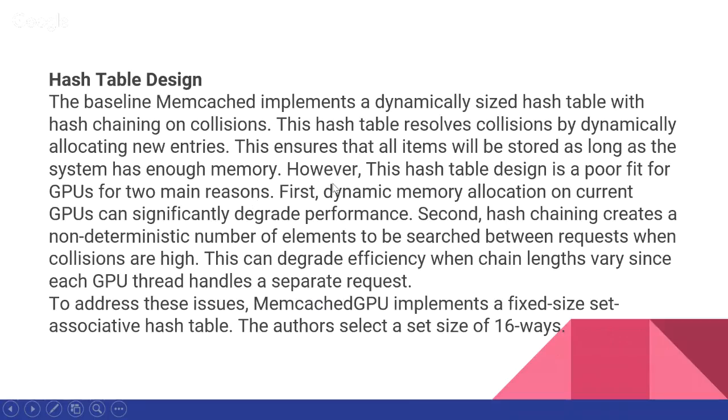First of all, dynamic memory allocation on current GPUs can significantly degrade performance. Secondly, hash chaining creates a non-deterministic number of elements to be searched between requests when collisions are high, so it can also degrade efficiency. To solve these issues, memory cache GPU implements a fixed size set associative hash table, and the authors did it at a size of 16 ways.